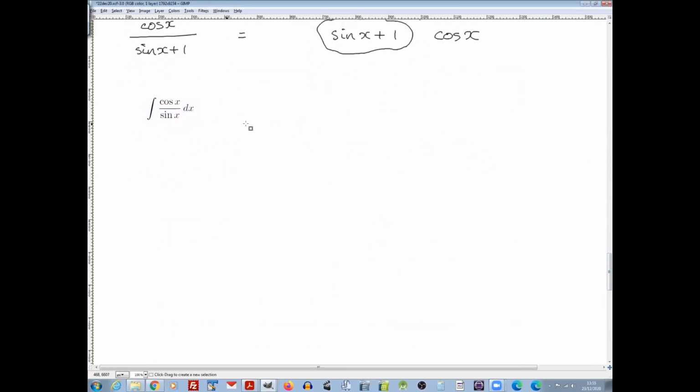What have we got here? I reckon blob will be sin x. Yes, it must be. You might try it the other way round, but you'd find you would be in trouble when you tried to follow it through. But yes, sin x as blob is going to work.